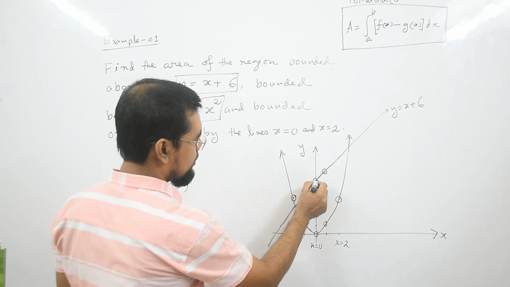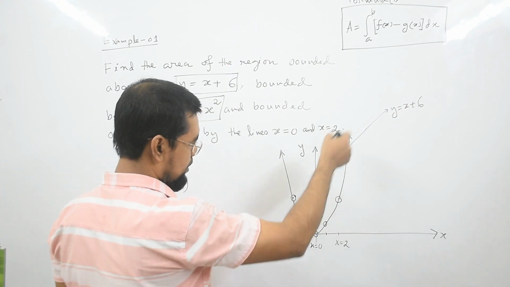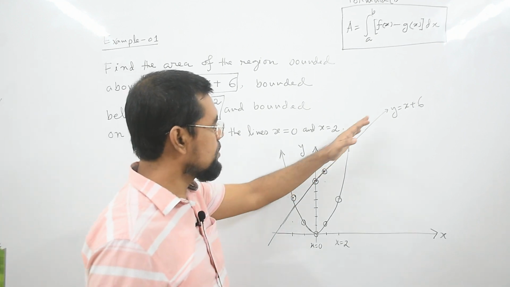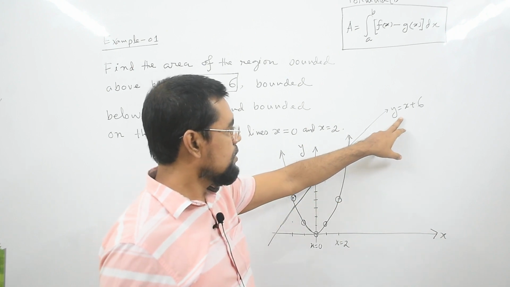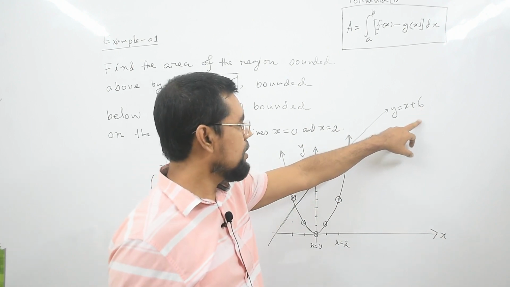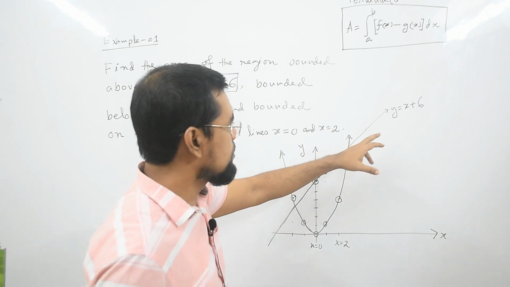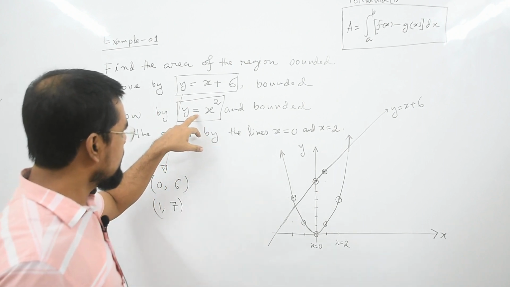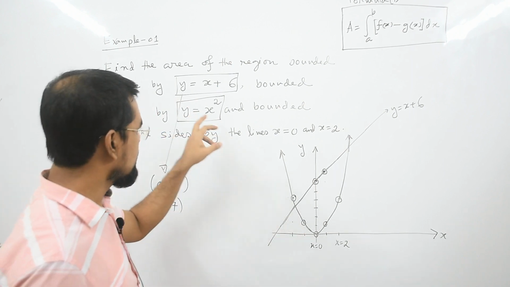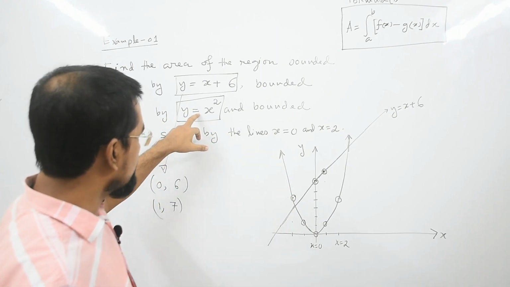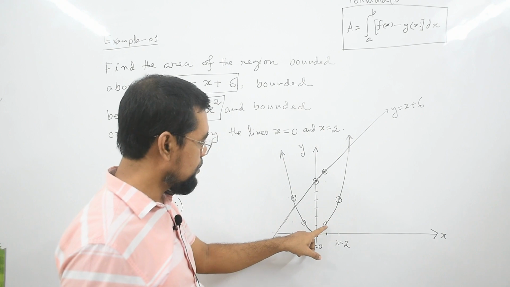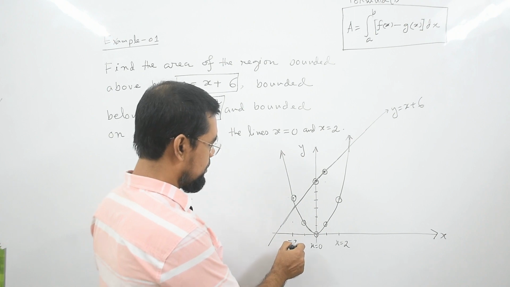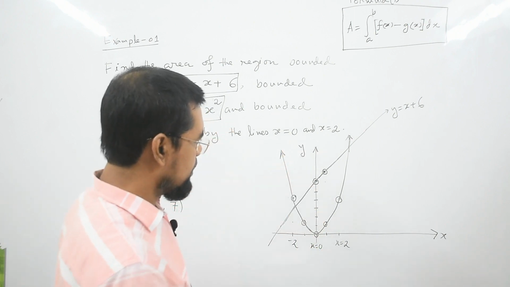You can consider these two points and then extend both sides to draw y equal to x plus 6, or by looking at it you can see the y-intercept is 6 and the slope is 1, so you can easily graph it. And y equal to x square is a parabola with vertex at the origin which opens up. To draw it you can also consider the points (0, 0), (1, 1), (minus 1, 1), (2, 4), (minus 2, 4).